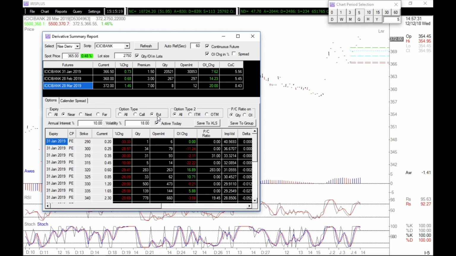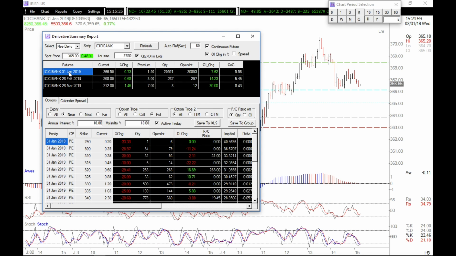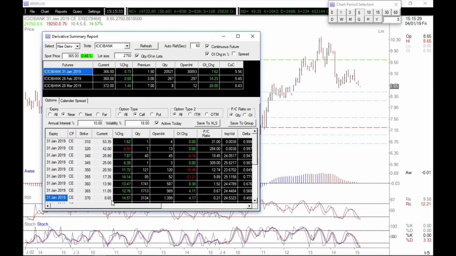call, put. So if I want to take a position on, let's say ICICI Bank is trading at around 366, I think it's going to go towards the 370-75 mark. Let me quickly check the near month call of 370 is trading at 8 rupees 65 paisa. It has probably the highest open interest built up in its strike prices in its option chain.